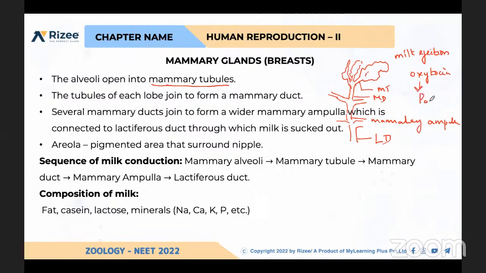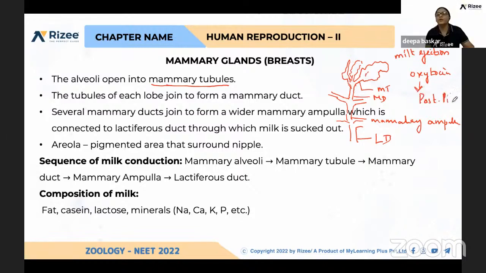Posterior pituitary. Yeah, very good. So this hormone is responsible for the contraction and release of milk, and the milk is released into the mammary tubules first, and then to the mammary duct and ampullary duct, and at the last the lactiferous duct.